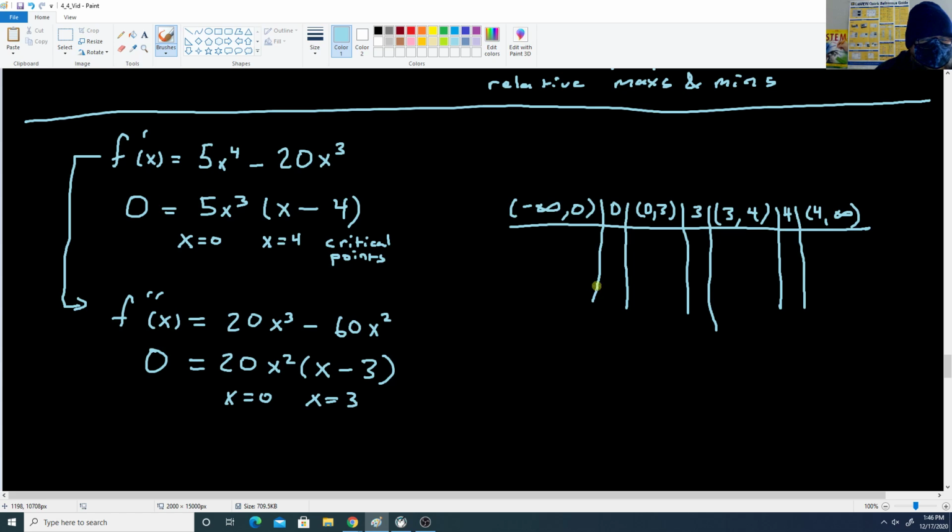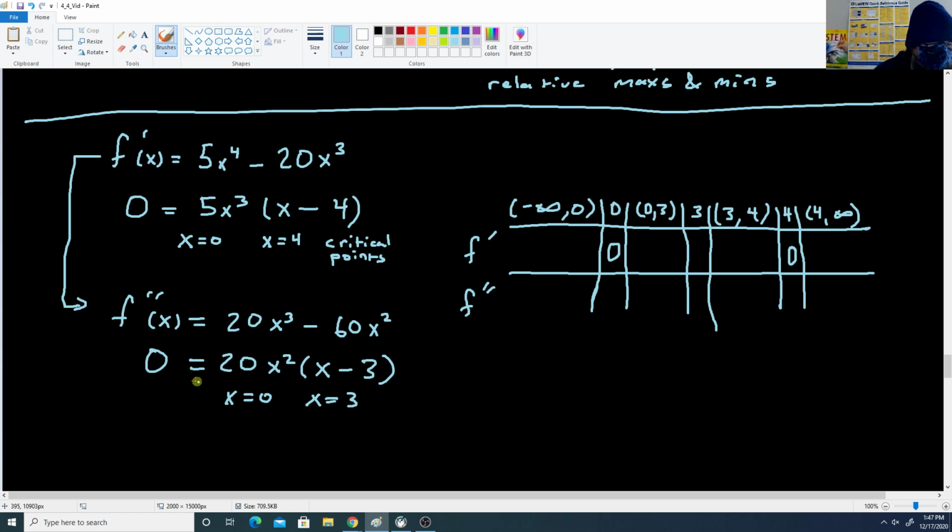Okay, so let's take a look. We'll have f prime and f double prime. We're going to want to build our chart with all the pluses and minuses. So x equals 0 is a 0 of the first derivative. And x equals 4 is a 0 of the first derivative.